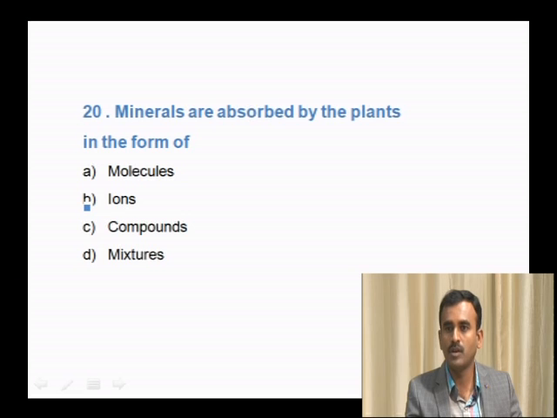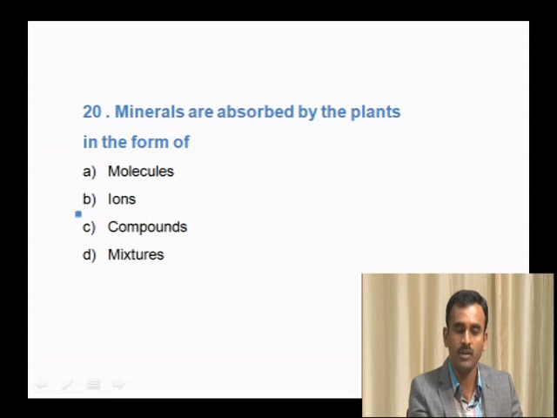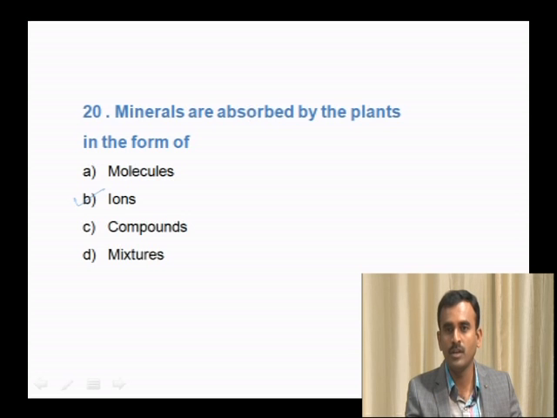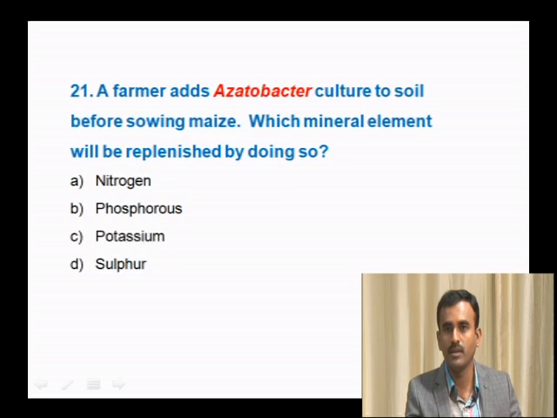Minerals are absorbed by the plants in the form of? Plants absorb minerals in the form of solution. For solution formation, water combines with ions. Ions can form solution, and only in the form of solution can plants take up minerals. The answer for this is option B.